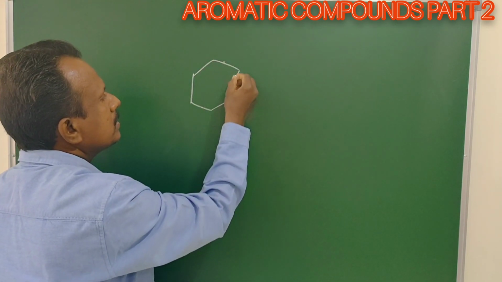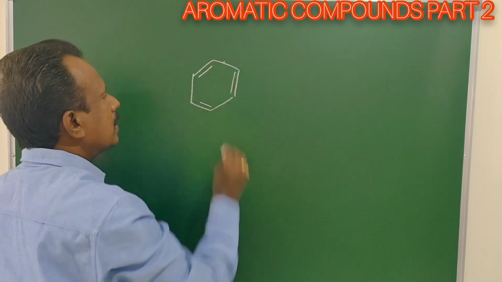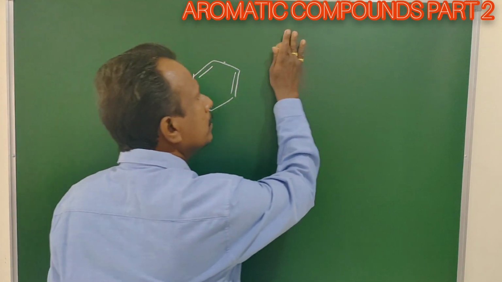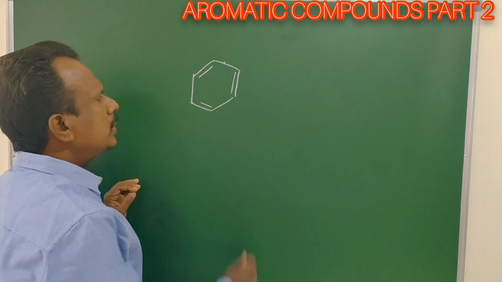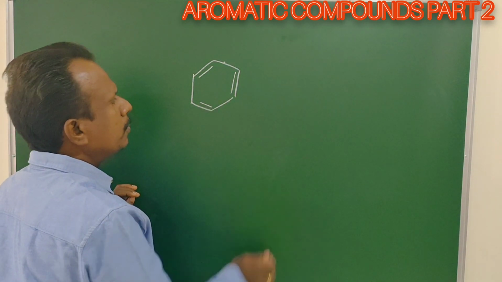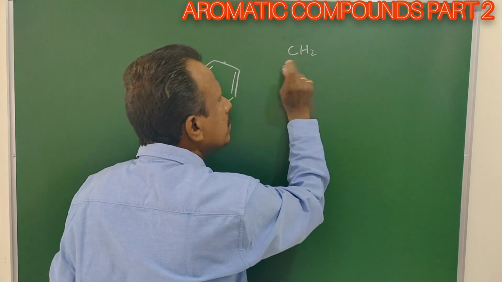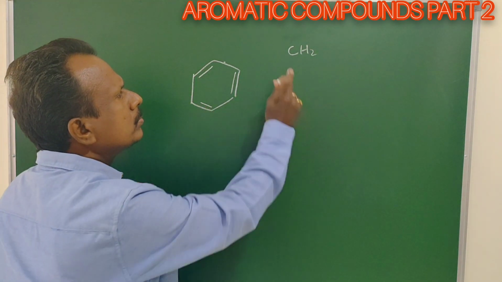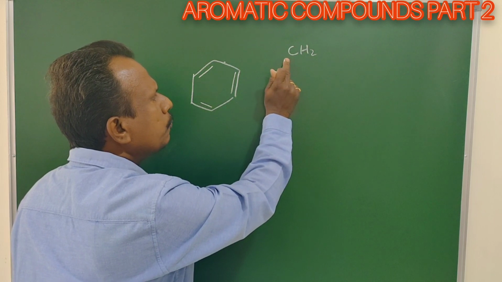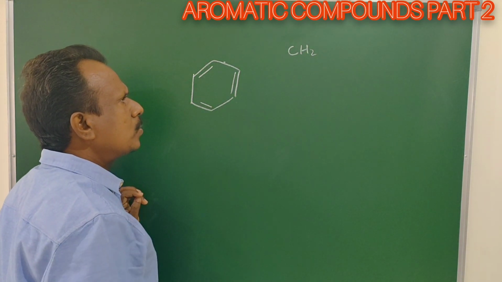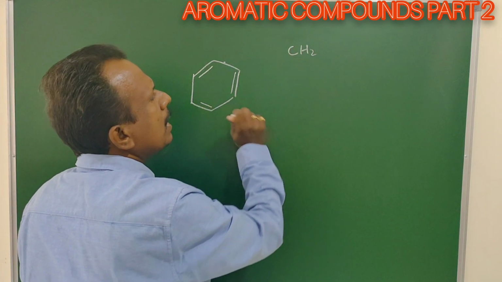It is a 6-membered compound, benzene, a famous aromatic compound. A simple trick is there to derive the 6-membered aromatic compounds. The CH2 group has valence electrons: carbon has 4 valence electrons, each H has 1 valence electron, totally 6 valence electrons.